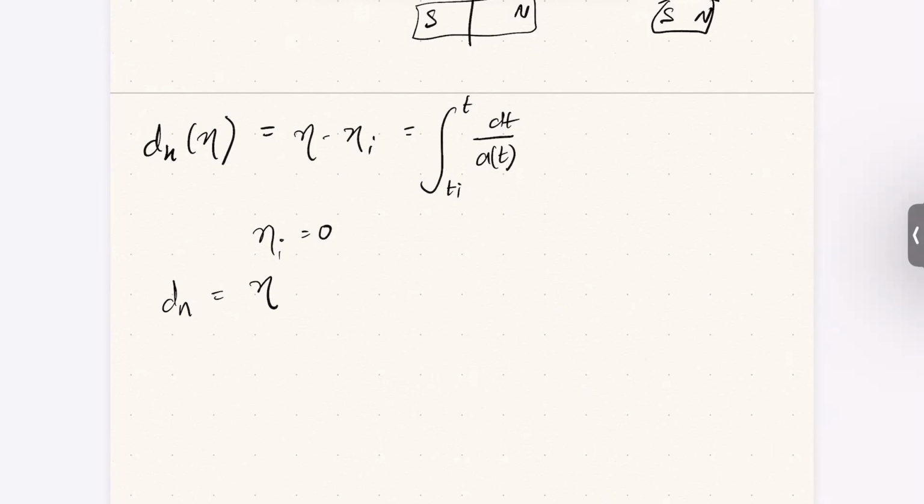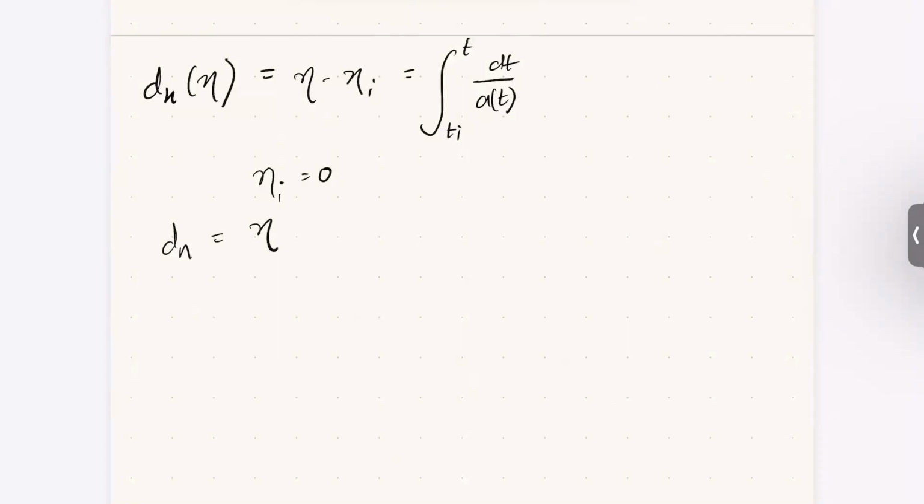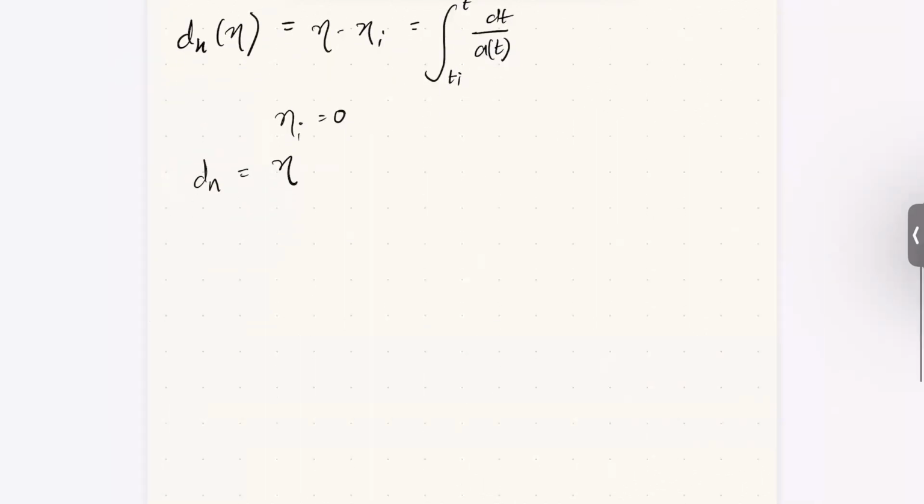This makes using conformal time very easy, because the particle horizon is essentially what we are causally connected with, right? It is the observation that we can make of the past. If I can parameterize this with the time that elapsed between that particular point in space that I can see in the past and me today, it makes my calculations much simpler.